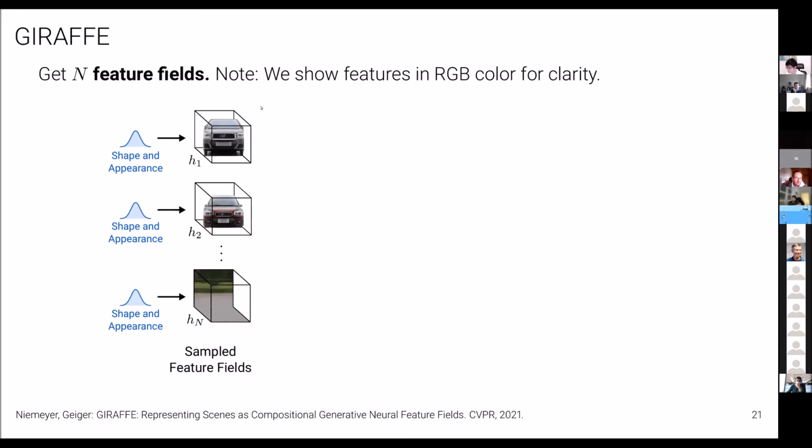And then for each of these objects or the background here at the bottom, we generate a so-called feature field. In contrast to GRAF, we don't directly generate with our multi-layer perceptron the color value, but we generate a higher dimensional feature representation continuously in 3D space.